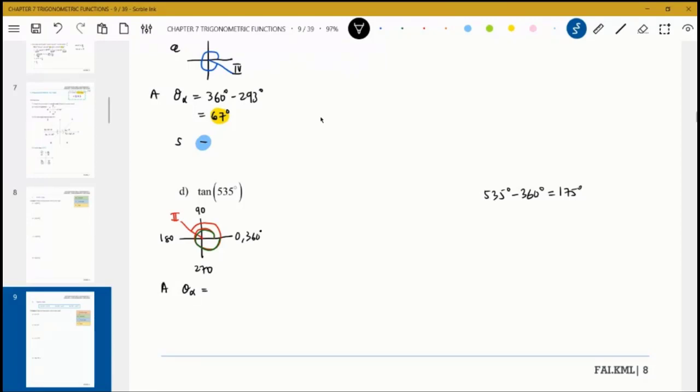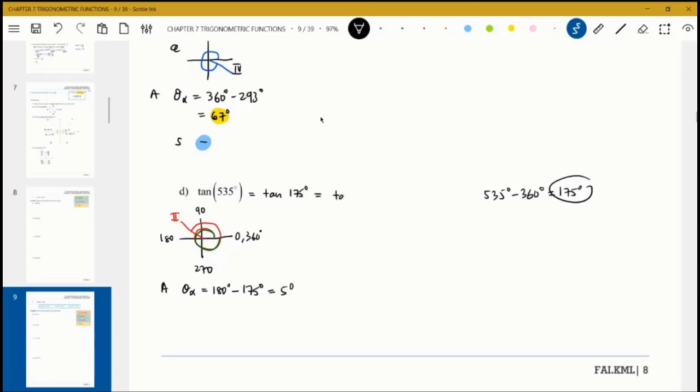Formula untuk dapatkan acute angle untuk second quadrant, 180 tolak 175. Okay, 180 minus given angle 175. So yang ini kita akan buat dulu sama dengan tangent 175. Okay, kita tukar dulu. And then baru kita tukar kepada acute angle. Okay, so acute angle kita adalah 5 degree.